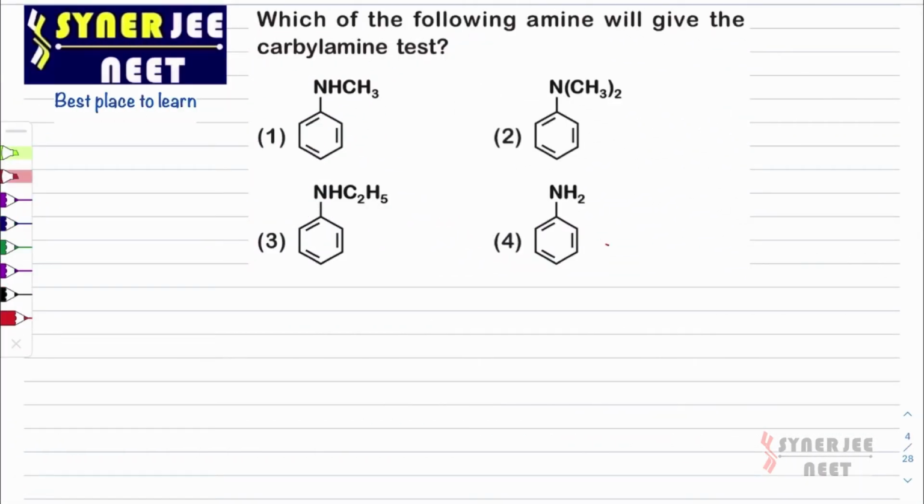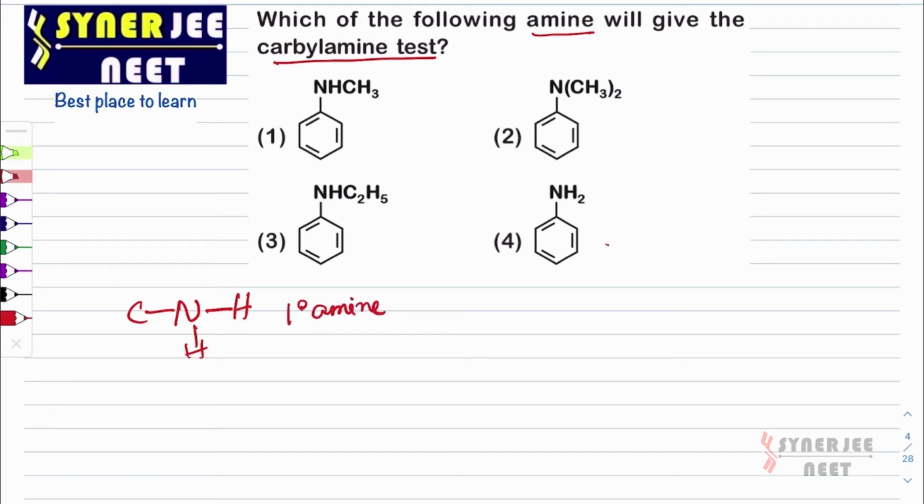Which of the following amines will give the carbylamine test? See, first I will explain one point in the carbylamine test. In the carbylamine test, only primary amines participate. What is a primary amine? If nitrogen is attached to one carbon and 2 hydrogens, it is called a primary amine.